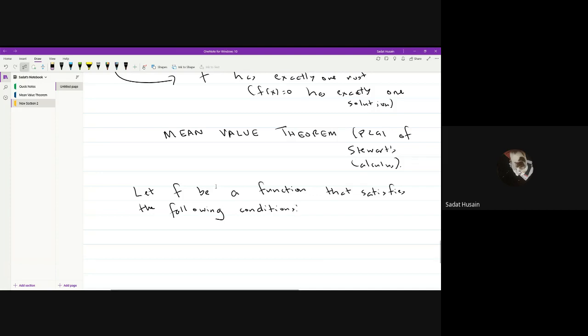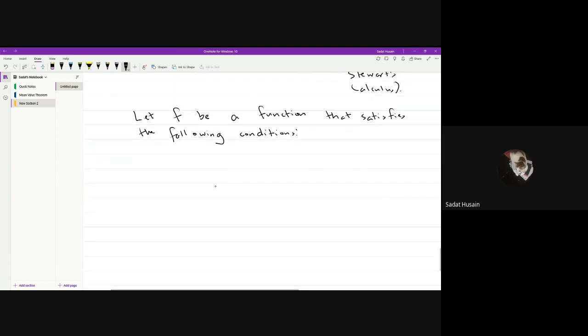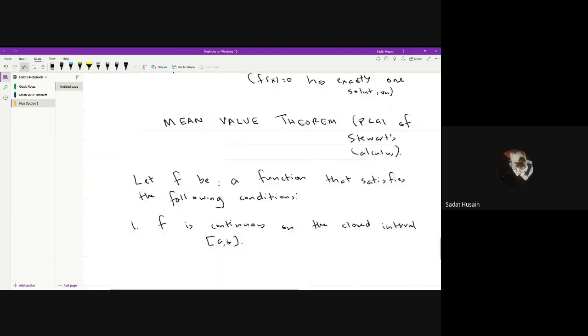Right. So the first condition is f is continuous on the closed interval a, b.